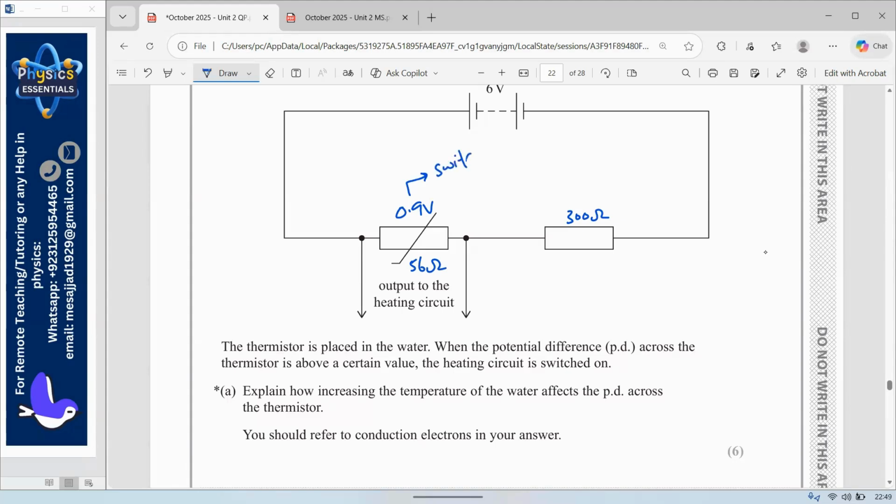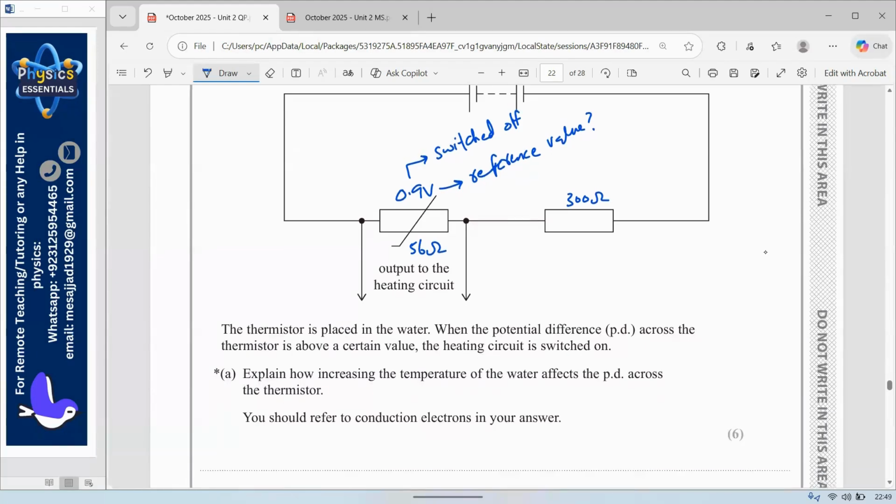So this is our standard, our reference value, and we need to check by calculating whether we are getting 0.9 or not. By using all this given data, if we get the voltage across the thermistor as 0.9, then it means the thermistor was switched off, otherwise not.